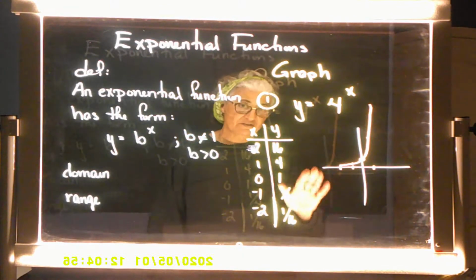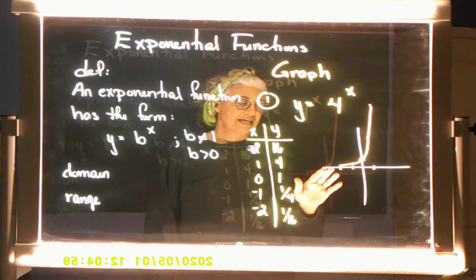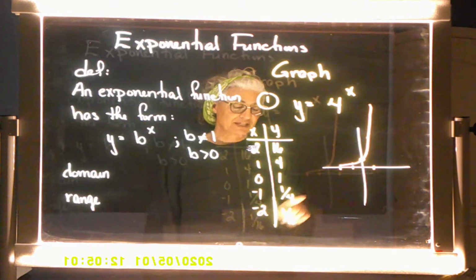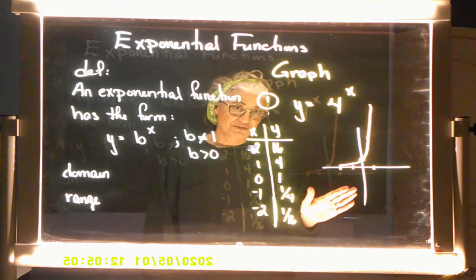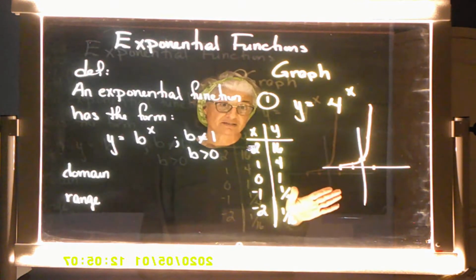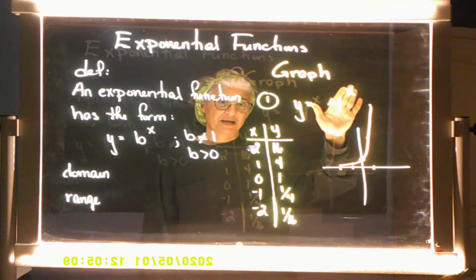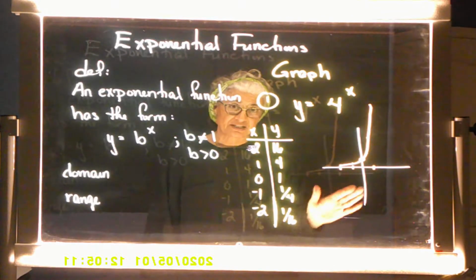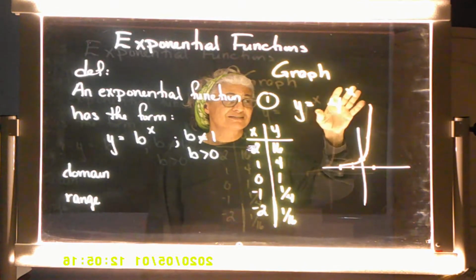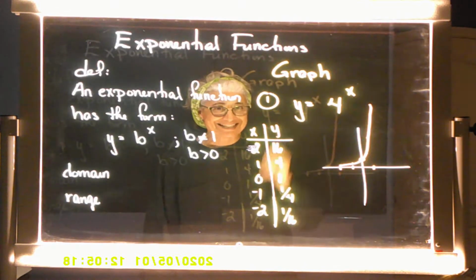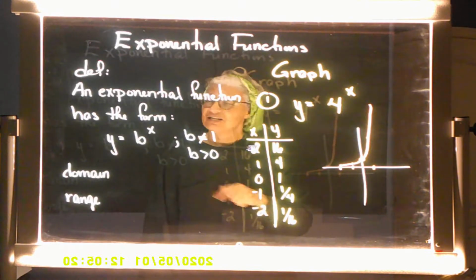All right, so answer me this. Over here in the negative end of the world, if I keep plugging in numbers that are less than negative 2, am I ever going to get a negative answer? Good, you're not, because any number to a negative power is never negative. Will I ever get this function actually being exactly equal to 0? You're right, you won't.